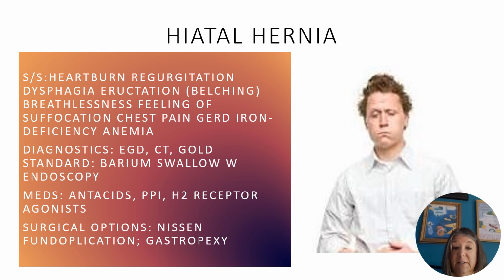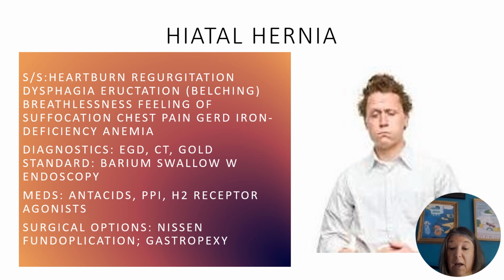So diagnostics, that EGD with a barium swallow, meds, all of our meds for GI stuff are pretty much the same. If we want to calm down the stomach, don't forget that the stomach has acid, right? That's what it's doing. It's producing acid to keep us safe from bacteria and whatnot, and also to break down all our foods.